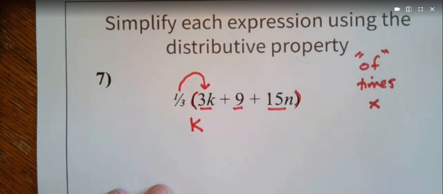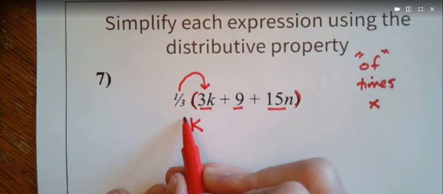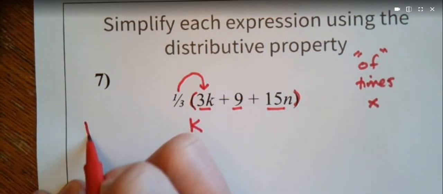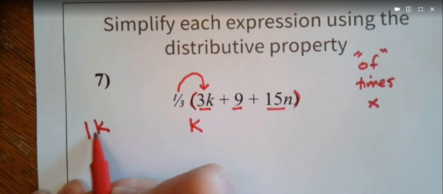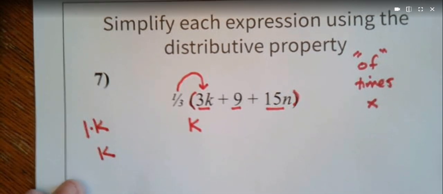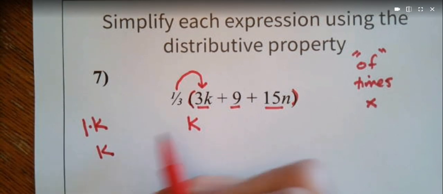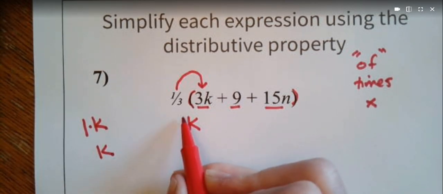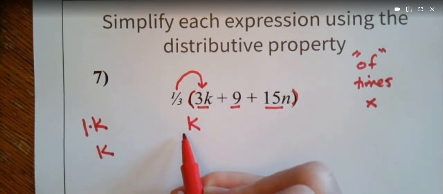Not necessarily. No, you wouldn't need the 1. If I put the 1 in front of it, it would just be 1k, and we know that because they're stuck together, it's multiply. What is 1 times any number? Well, it's the number itself. 1 times k would just be k. Okay, so I wouldn't need to write anything in front. It is just assumed that if I see a variable with no coefficient in front, that there's 1.